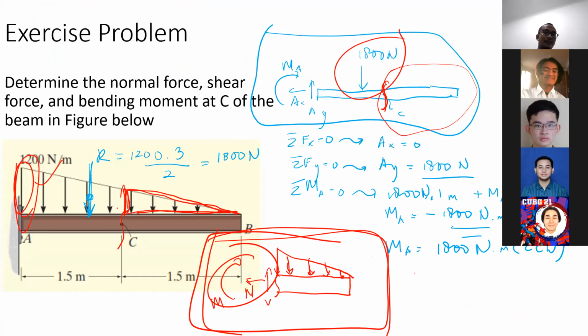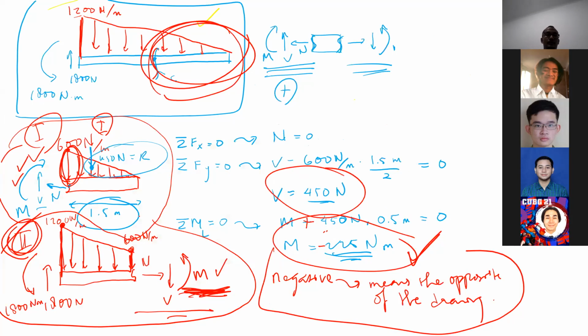So exactly in the middle here, the maximum distributed force is supposed to be 600 Newton per meter. We have to draw all the external forces, all the internal forces, and the internal moment.